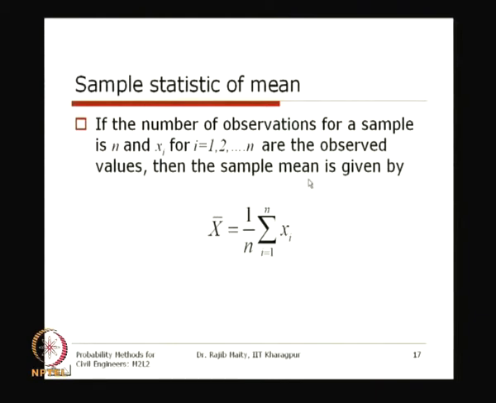After satisfying those, if we have observations of a random variable, the mean can be expressed as the sum of the observations divided by n, the total number of observations. That is the sample mean of that sample.